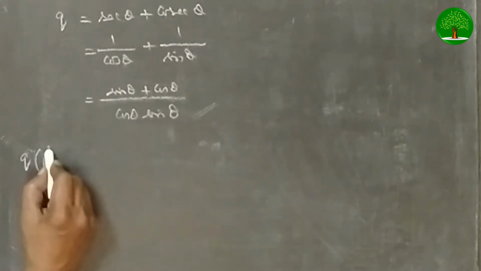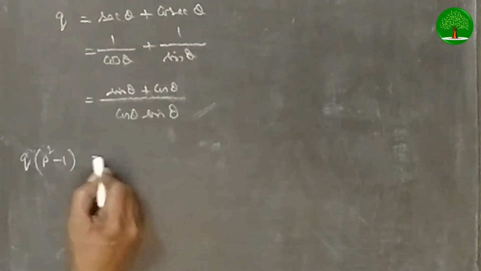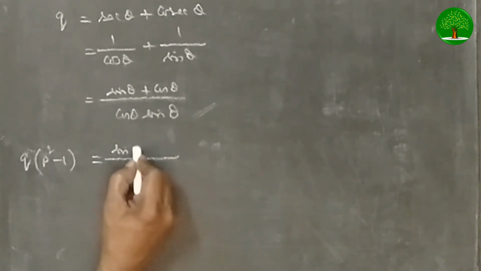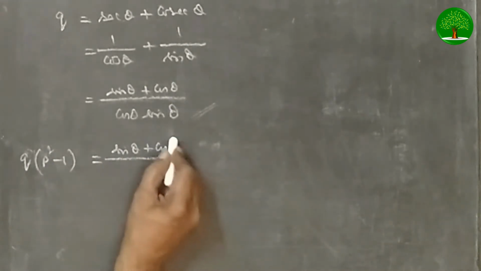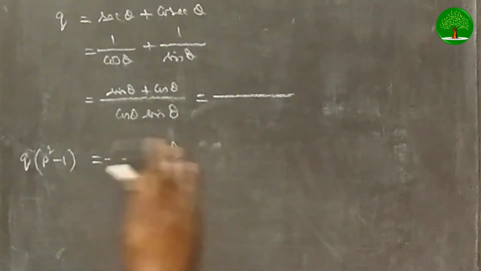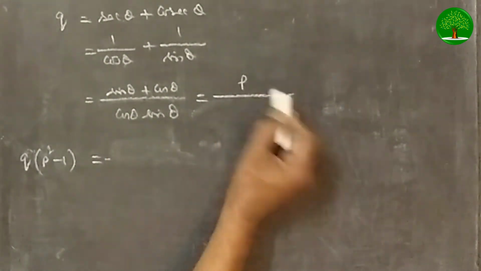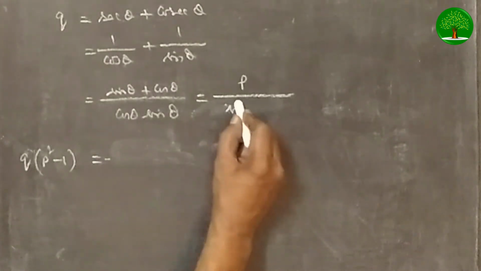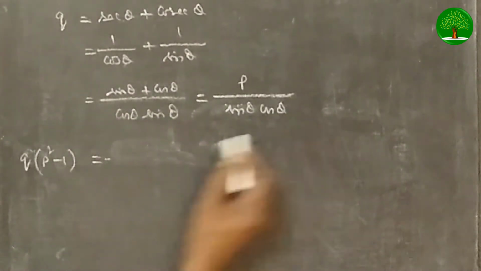This is equal to p by sin theta cos theta.